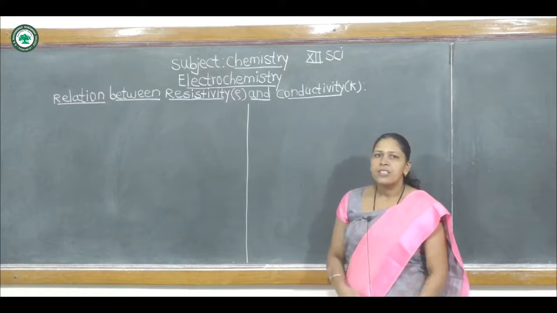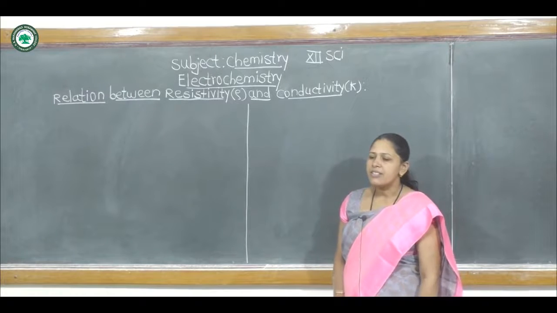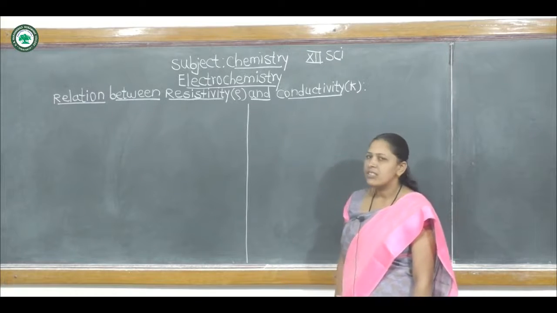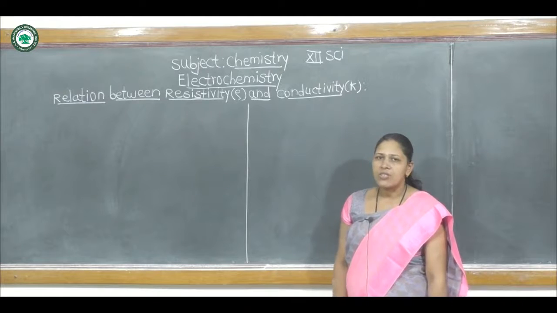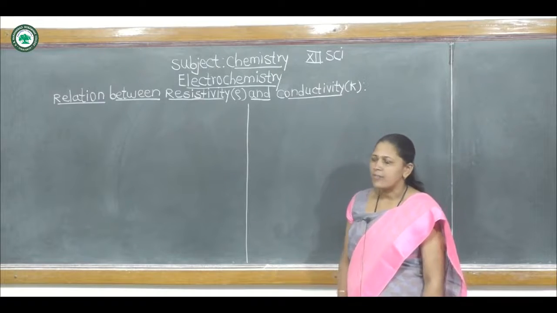First, what is the relation between resistance and length of conductor and area of cross section of the conductor?